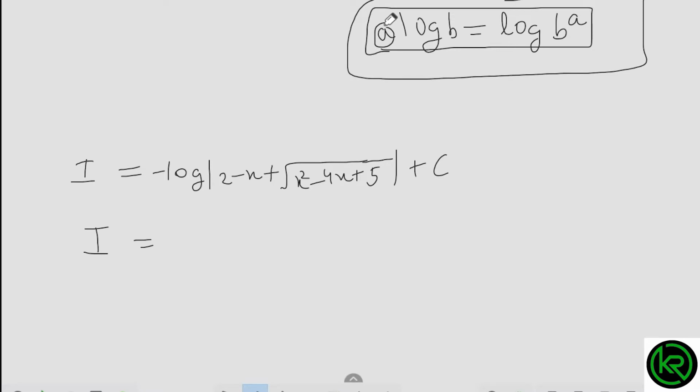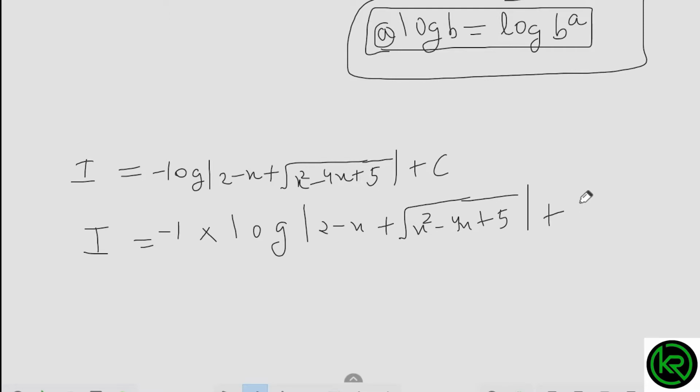So here minus 1 is attached to log, minus 1 into log 2 minus x plus under root x square minus 4x plus 5.